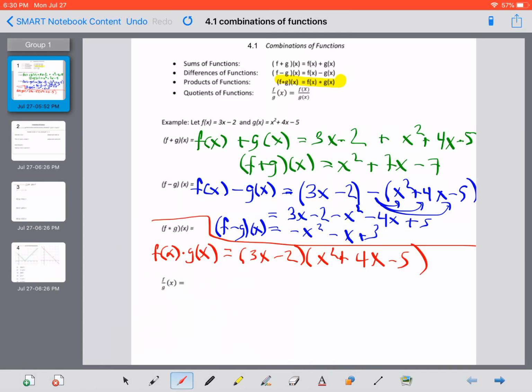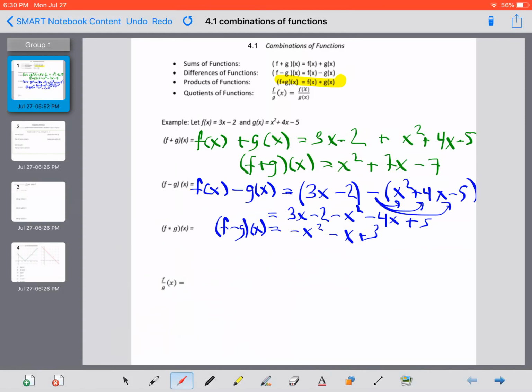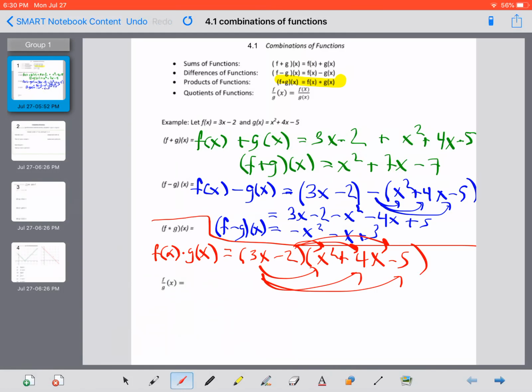And if we needed to, we would distribute this out, multiply 3x times each one of these, and then multiply 2 times each one of these as well, and add your like terms. But it's not even really necessary here. Unless there's a reason to actually do this multiplication out, it's fine to just leave it in this factored form like this.